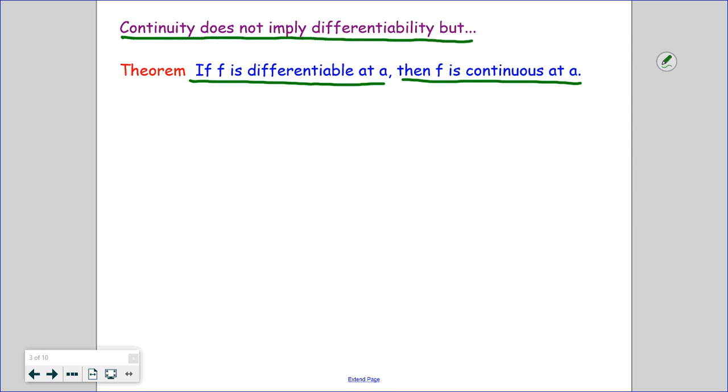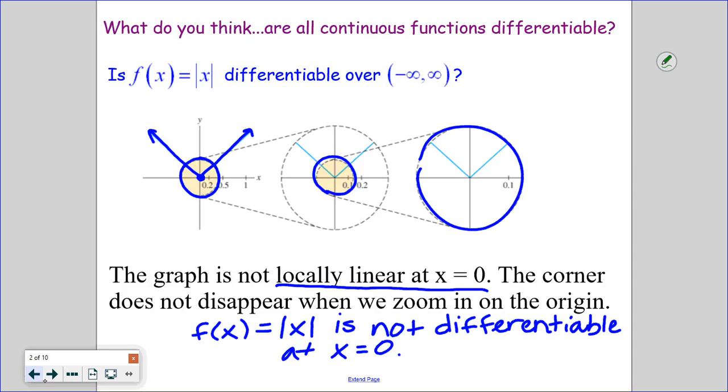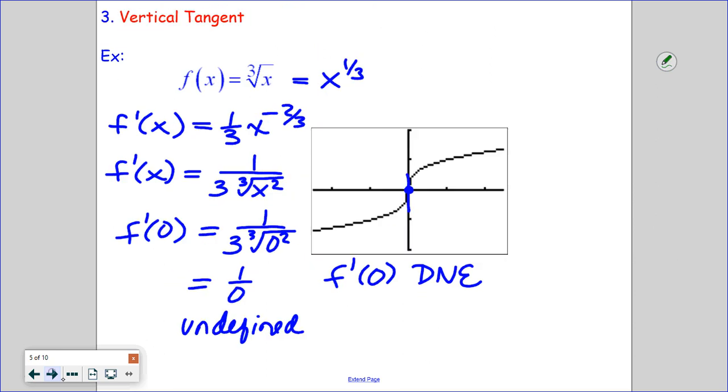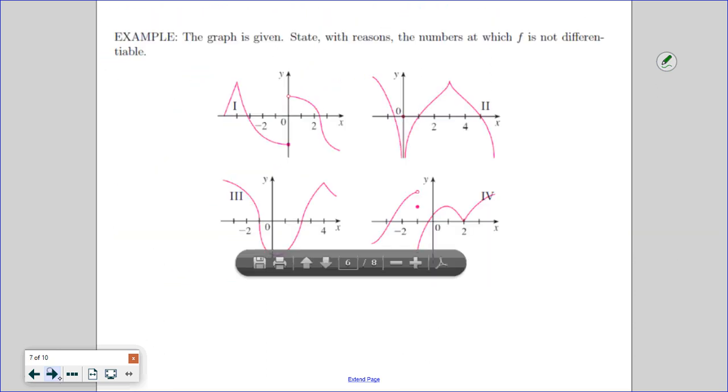Absolute value of x is an example. The graph of absolute value of x is continuous. There's no hole, there's no VA, there's no jump, but absolute value of x is not differentiable at the sharp corner. So anyway, you just have to make sure that you understand differentiability implies continuity, but continuity does not imply differentiability.